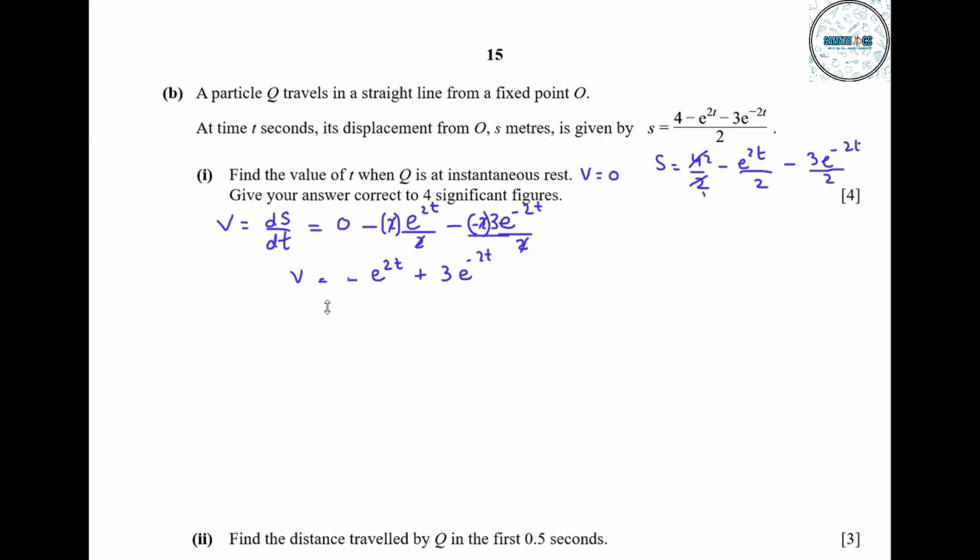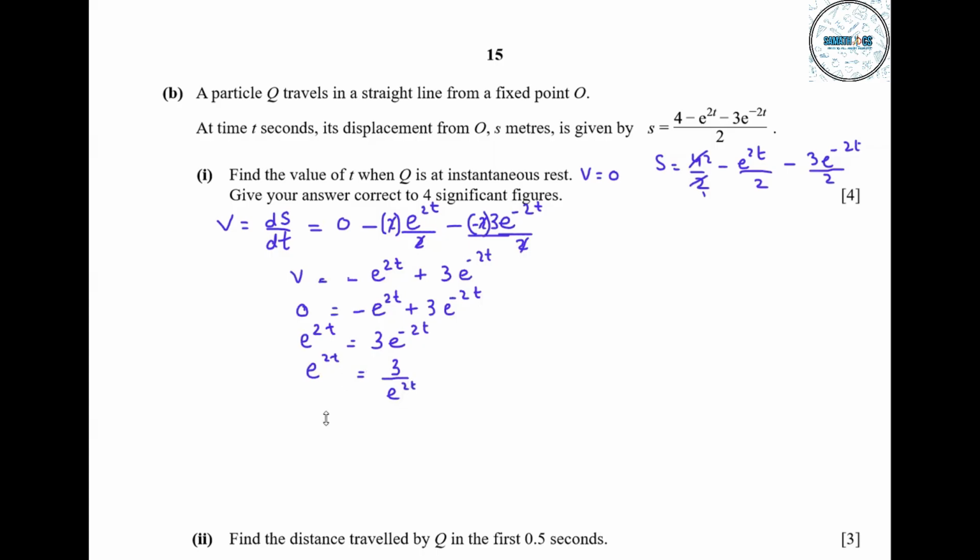So when we take velocity as 0, it will be 0 is equal to minus e power 2t plus 3 e power minus 2t. We will take this e power 2t on this side. So it will become 3 e power minus 2t. We'll take it to the denominator. It will become e power 2t.